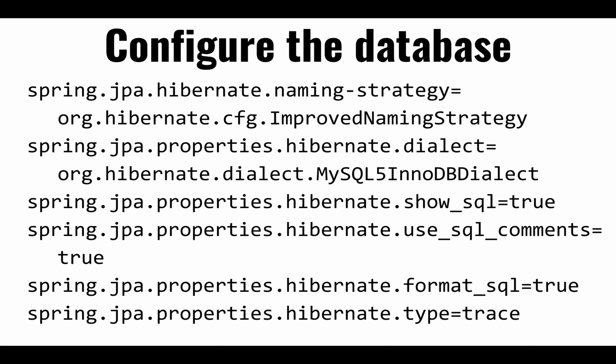There are many different vendors that compete amongst themselves, and they might have certain variations on the SQL. So JPA can be configured to talk to any vendor. You just need to tell it what vendor you are using, and then it'll use the correct dialect for that particular vendor.